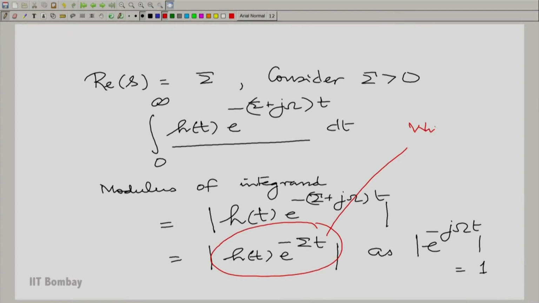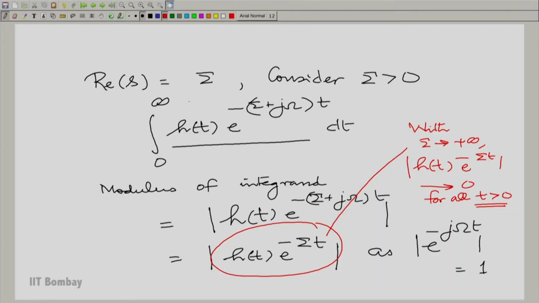And now let us consider sigma tending to infinity. With sigma tending to plus infinity, mod h t e raised to the power minus sigma t definitely tends to 0 for all t positive, and that is where the t positive is important. The fact that you are considering only positive t becomes important when you look at sigma tending to plus infinity.